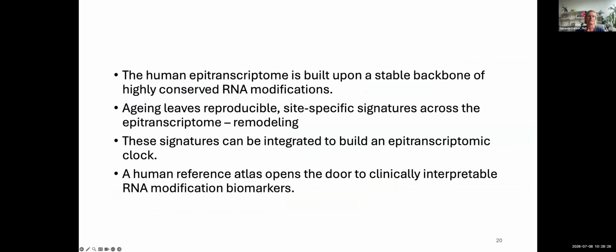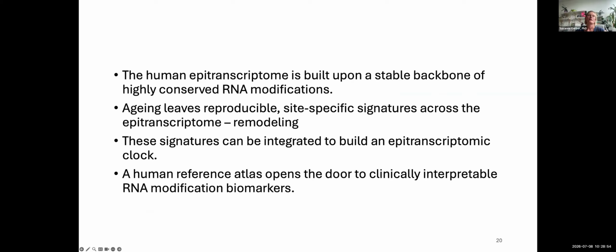Maybe summarizing what I said before, what we can conclude from our observations is that the epitranscriptome in the healthy human during lifetime really builds upon a stable backbone of highly conserved RNA modifications. Obviously, aging leaves reproducible and also site-specific signatures across the epitranscriptome, similar to the epigenetic remodeling.